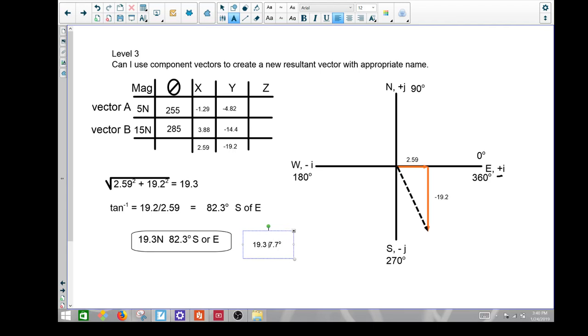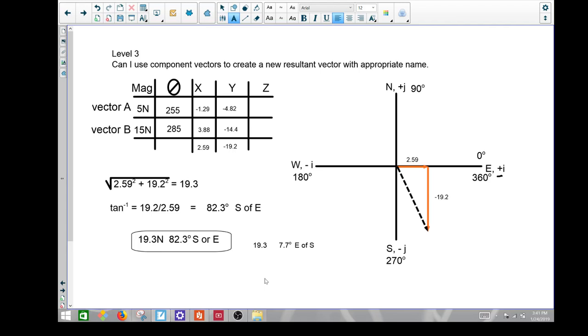All right, that would be east of south. And that is it. You could also call that an absolute angle of 277.7 degrees, which is 7.7 degrees past the 270 mark.